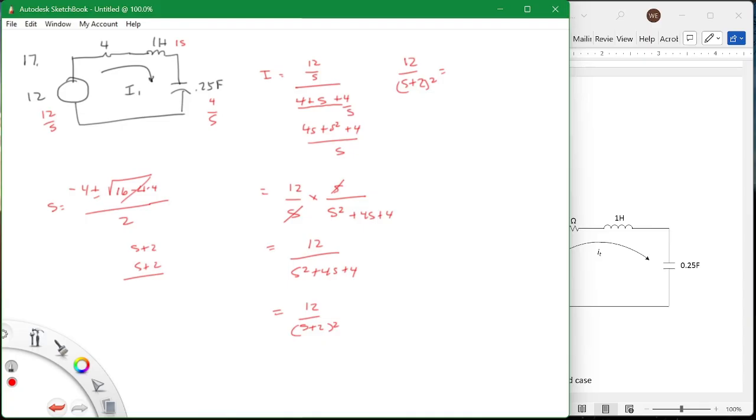You always got to check. Is it on your sheet? Over s squared plus 8 squared.